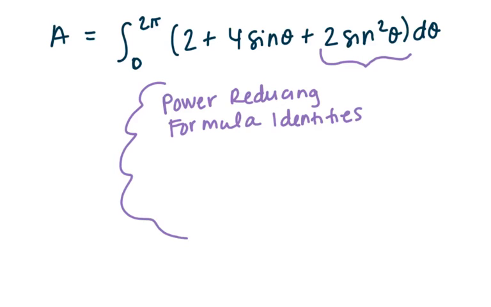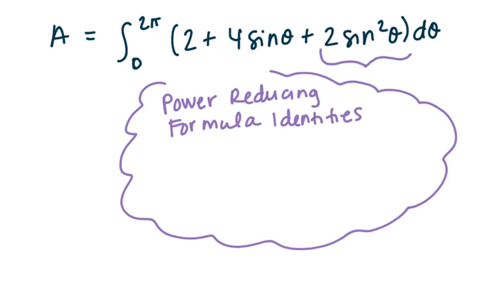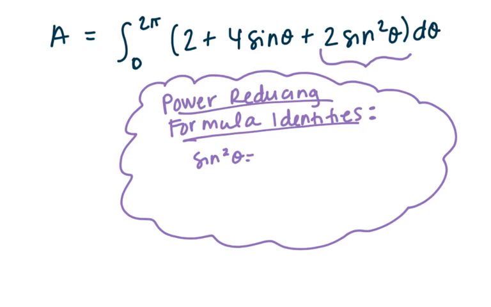I'm just going to make like a little bubble here so we remember what both of them are. And they come from things to do with the Pythagorean identity combined with double angle formulas. So in this case, sine squared theta is equal to 1/2 times 1 minus cosine of 2 theta.